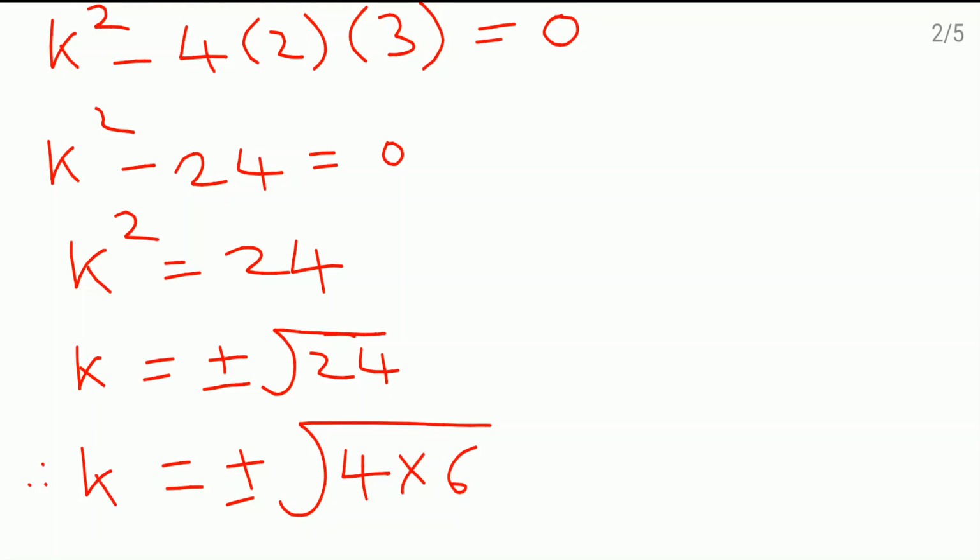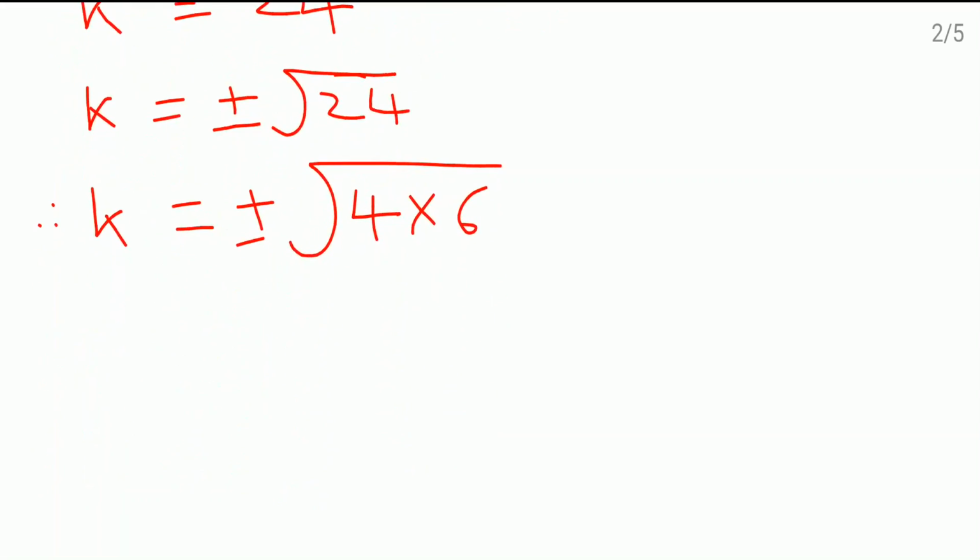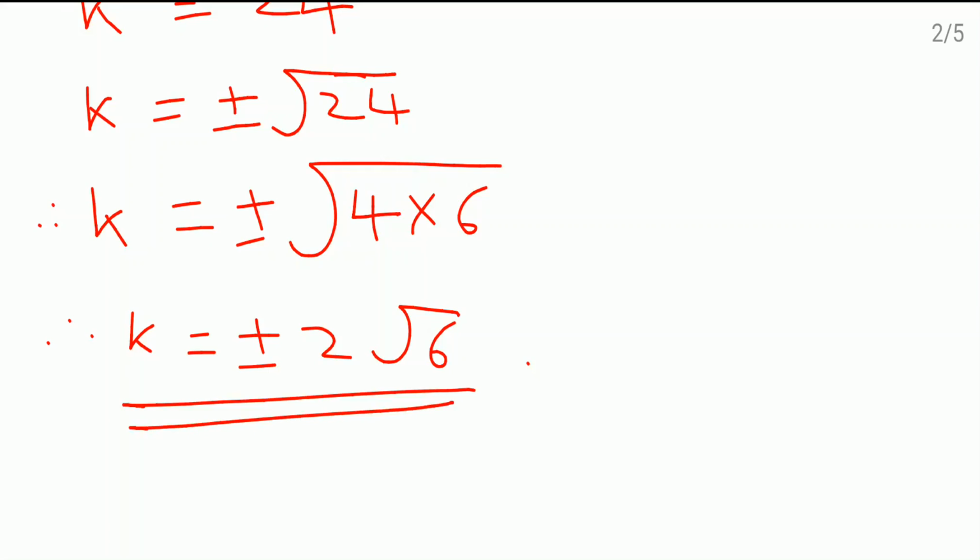So here I can take square root of 4 as 2. Therefore k is equal to plus and minus 2 under root 6. So here we have two values of k. One is 2 root 6 and another is minus 2 root 6.